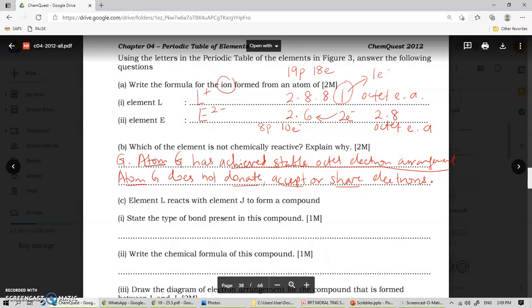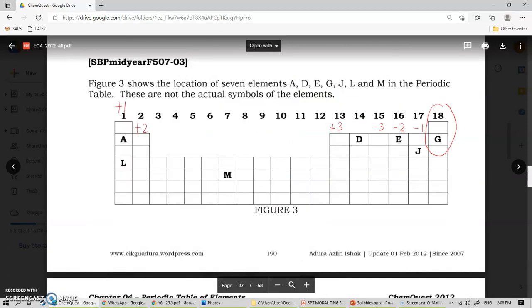Okay, next question. Element L reacts with element J to form a compound. Now this is actually from chapter 5. L is a metal and J is a non-metal. So L will form an L plus ion and J will form a J negative ion.